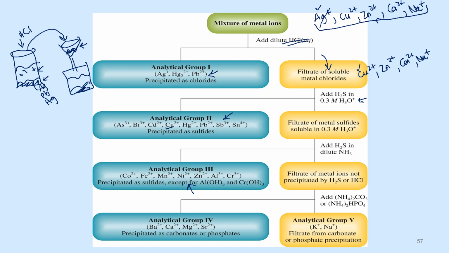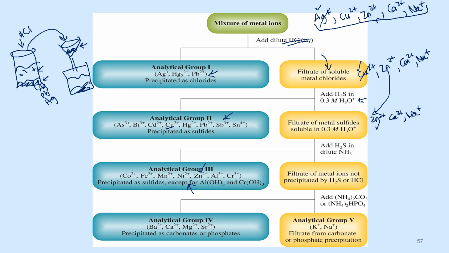If no precipitate, that tells us we didn't have copper to start with, and so we go down the line. Zinc, calcium, and sodium might be present. If we do the H2S and dilute NH3 and we get a precipitate, that means we have zinc.